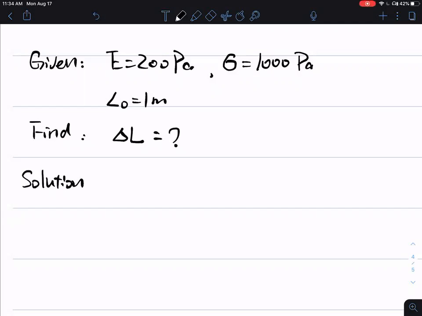And then you can use epsilon is equal to delta L over L1. You just solve for it. So did you use Hooke's law? Yeah. Okay. Any other different method?